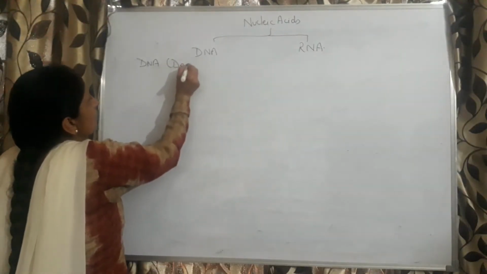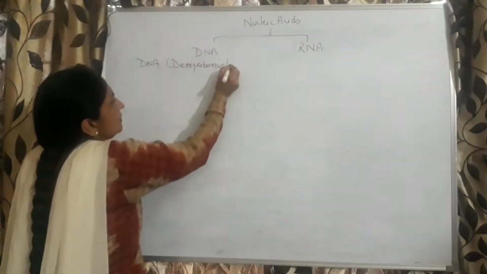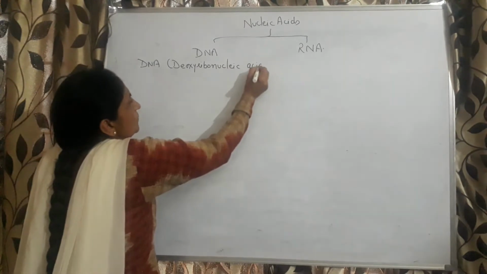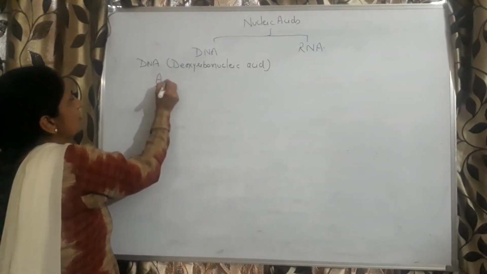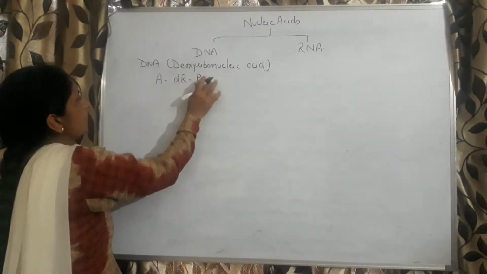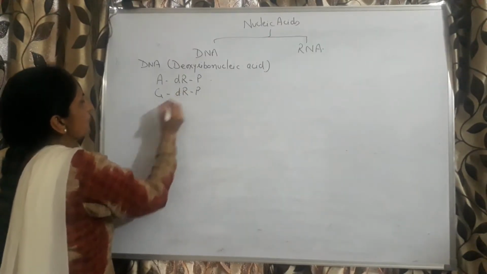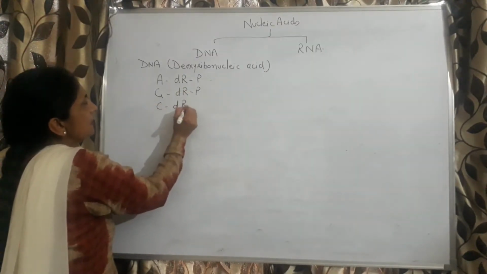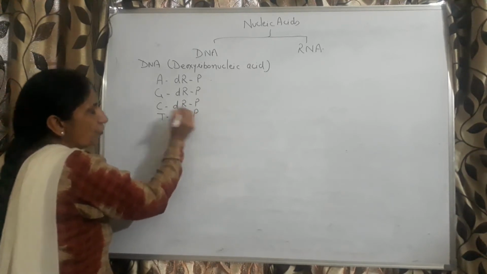DNA stands for deoxyribonucleic acid. It's a polymer of 4 nucleotides. These are adenosine monophosphate, guanosine monophosphate, cytidine monophosphate, and thymidine monophosphate.